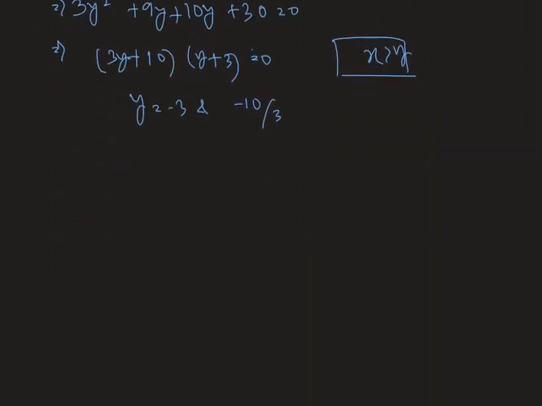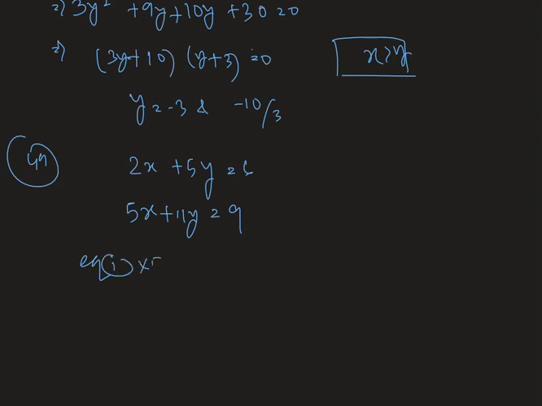Now jump to the next one, question number 49. Here we have two equations, 2x plus 5y equals 6 and 5x plus 11y equals 9.